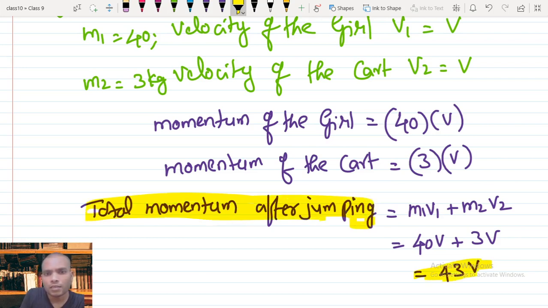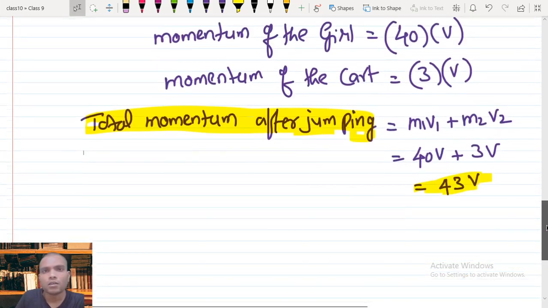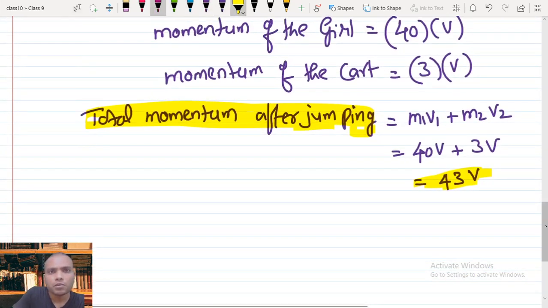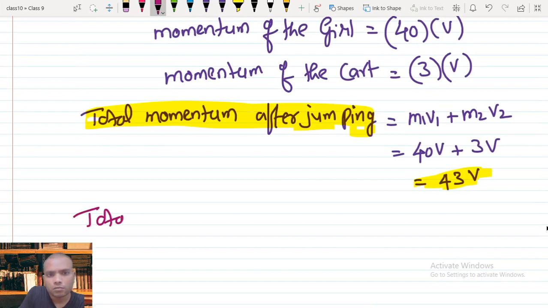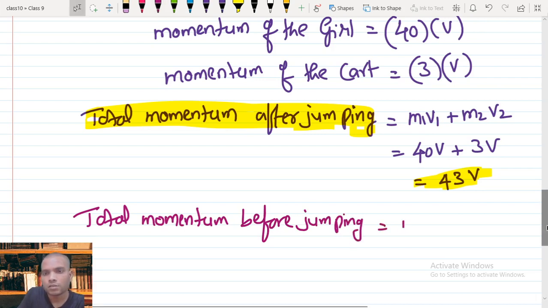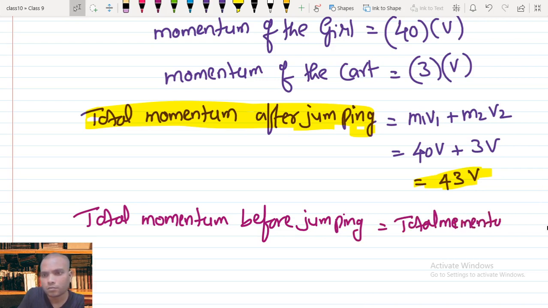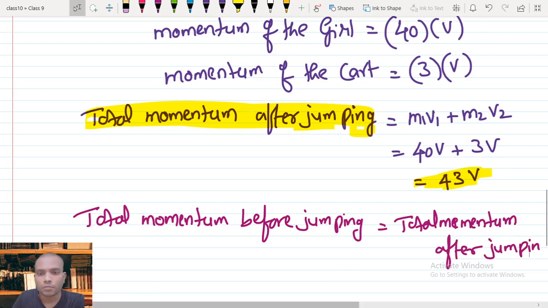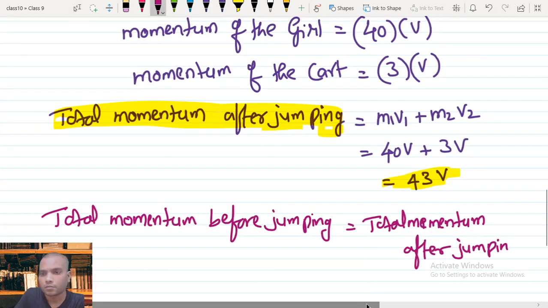Now here we can apply the law of conservation of momentum. In this situation, the total momentum before jumping equals the total momentum after jumping.